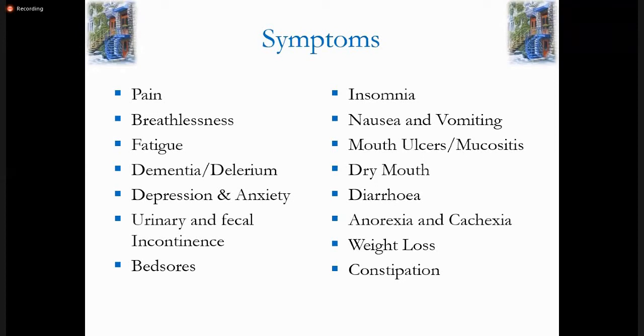Constipation has many reasons: it could be because of opioid use, or because of inactivity or less mobility of the patient. There are different reasons behind different symptoms. Nausea and vomiting could be because of constipation, because of the medicines they are taking, or because of the effects of chemotherapy. So you have to manage those symptoms.